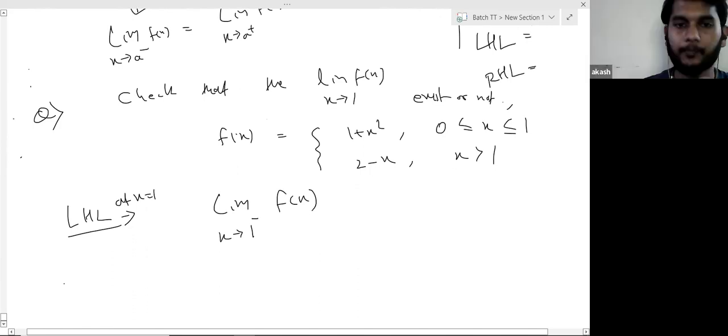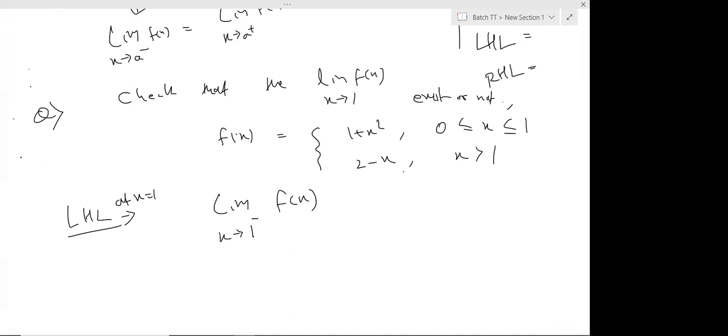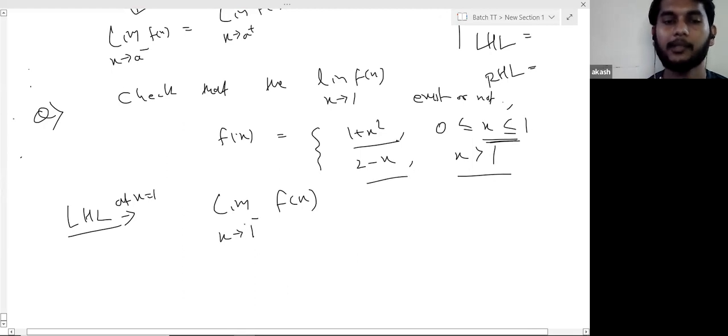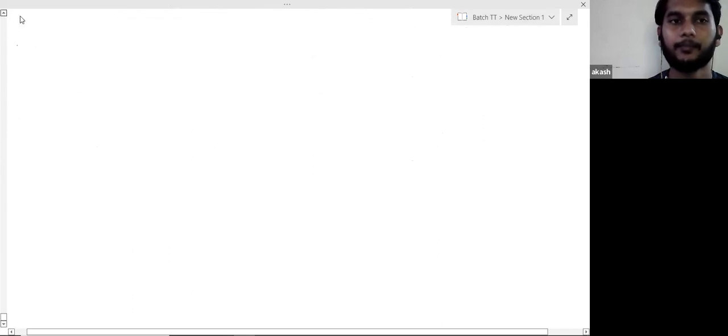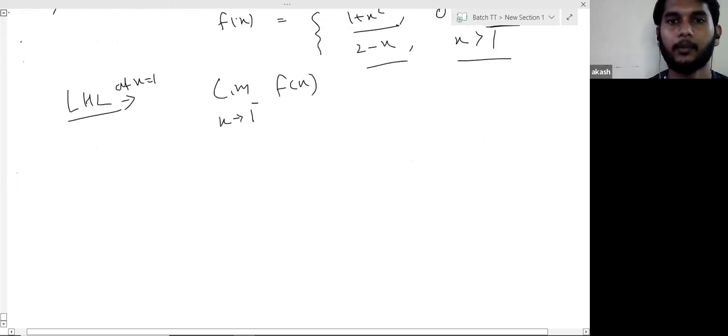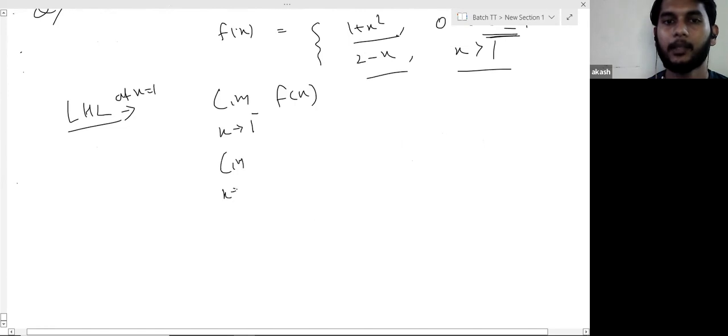Now what would be f of x? Who can tell me? So 1 plus x square. Why so? Because when x is less than 1, we have to assume this function, and when x is more than 1, we assume the other function. So x tending to 1 minus means slightly less than 1, so this will be the limit as x tends to 1 minus of 1 plus x square.